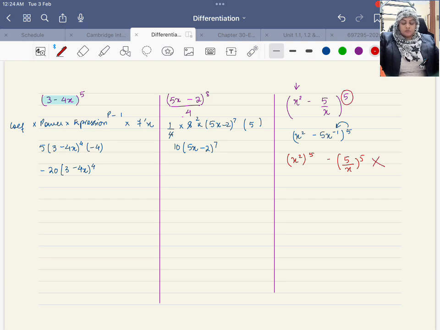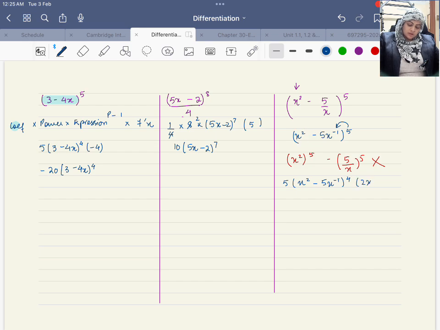Powers greater than 4 will be opened using binomial expansion and the binomial theorem, which we are not going to discuss right now. So we better differentiate it using this simple rule. So let's differentiate it. This is 5 bracket x squared minus 5x to the power minus 1 whole to the power 4. And now what is the differential of x squared?